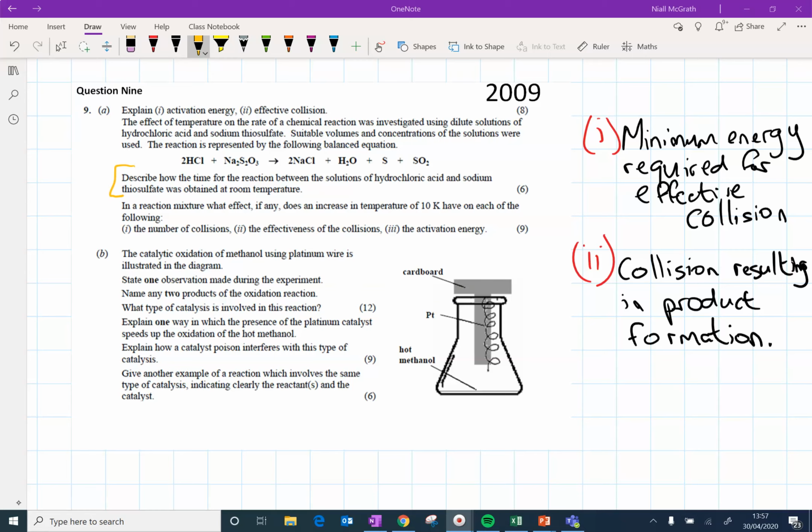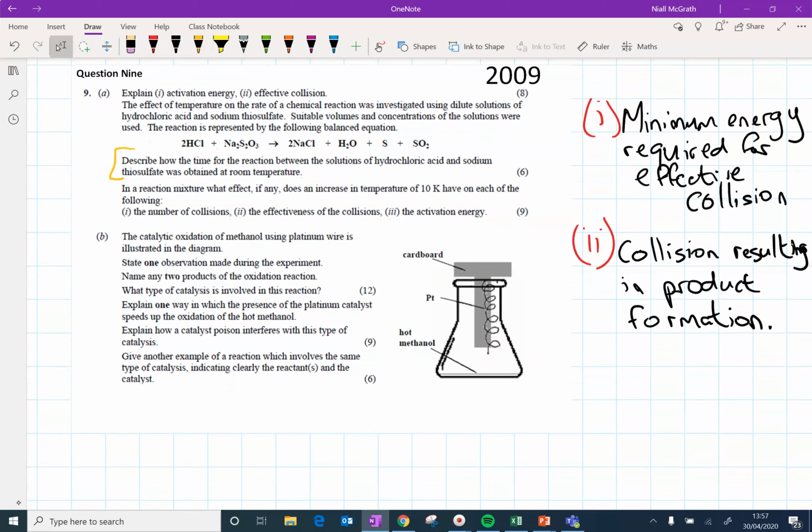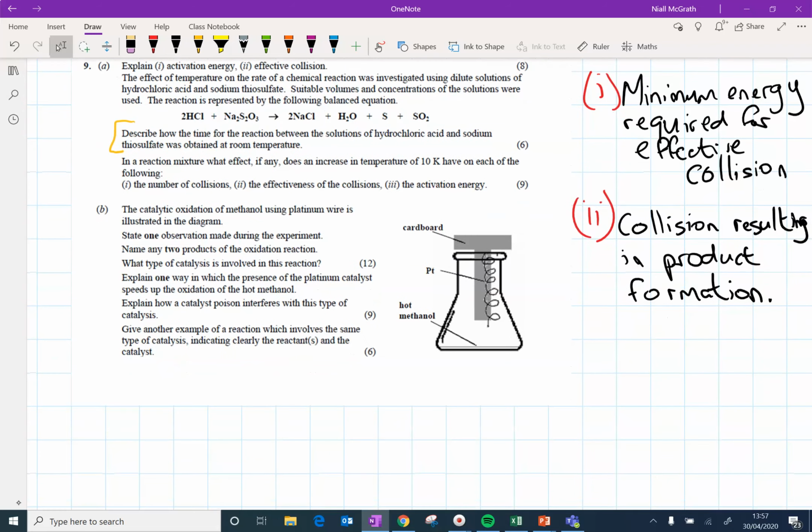Part B then. The catalytic oxidation of methanol using platinum wire is illustrated in the diagram. State 1 observation made during the experiment. This is a demonstration that is actually in your textbook if you go to the relevant section. There are a couple of observations that can be made. The wire could glow. There could be a small flame.